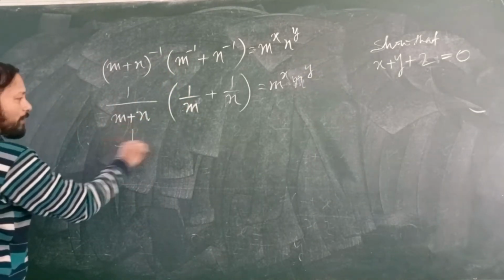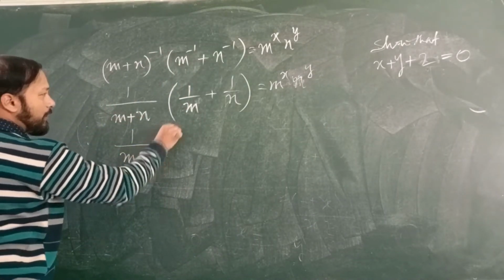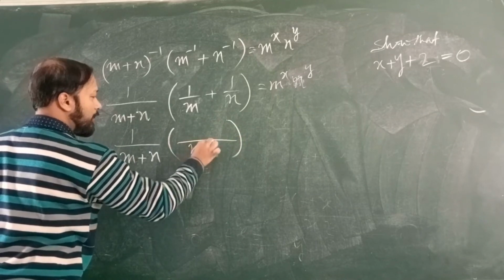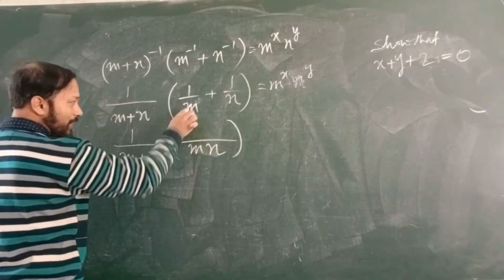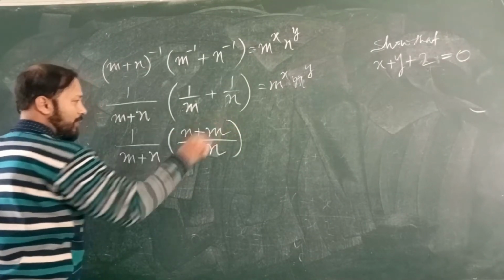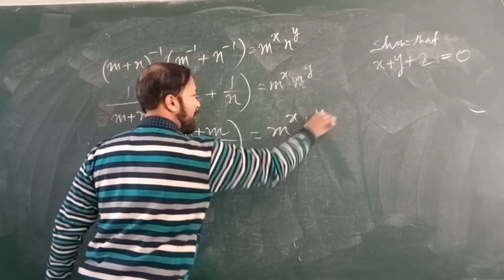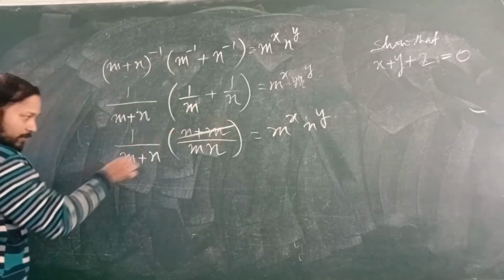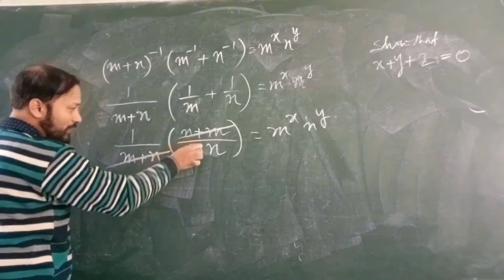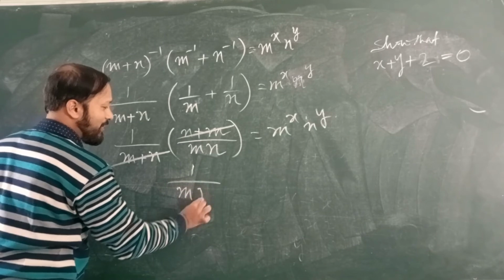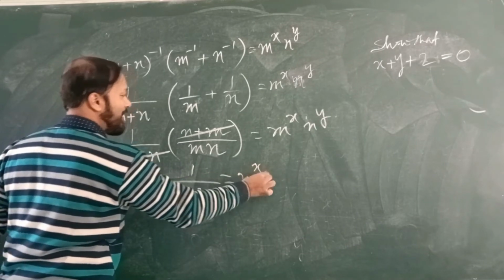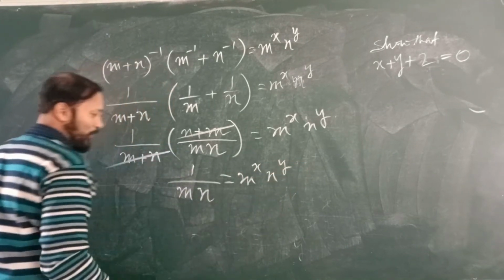Now 1 by mn, so it will be n plus m, equal to, cancel. So what is left? 1 by mn equal to n to the power x, n to the power y.